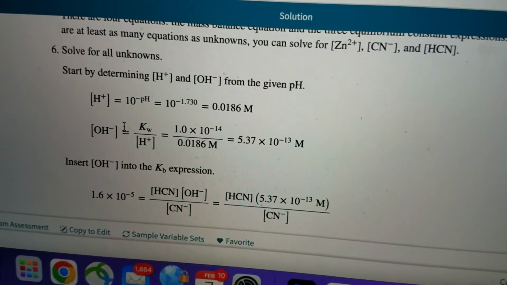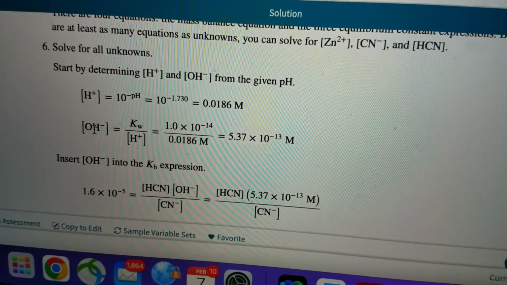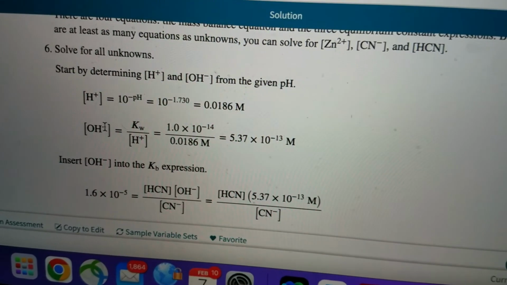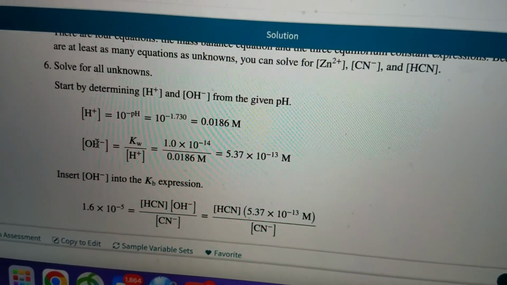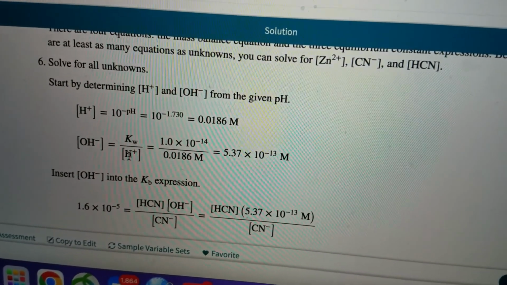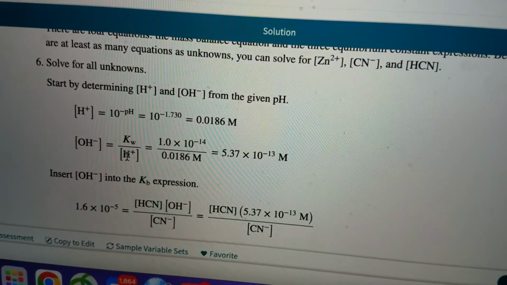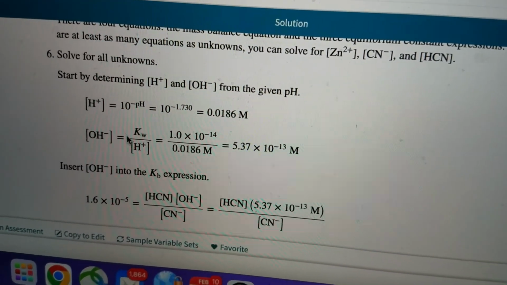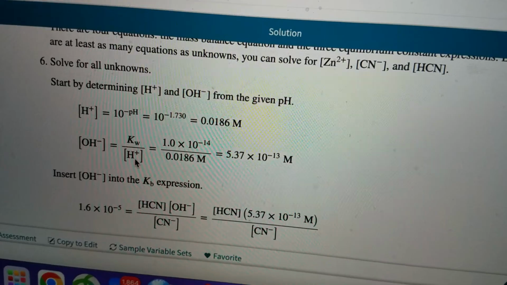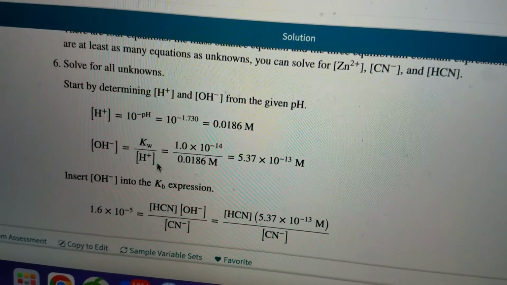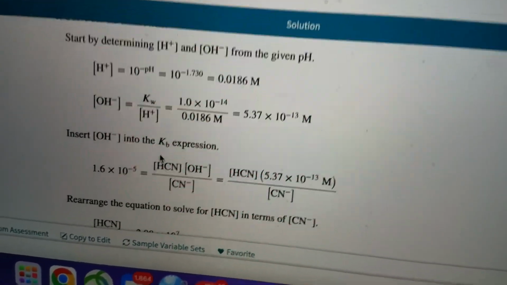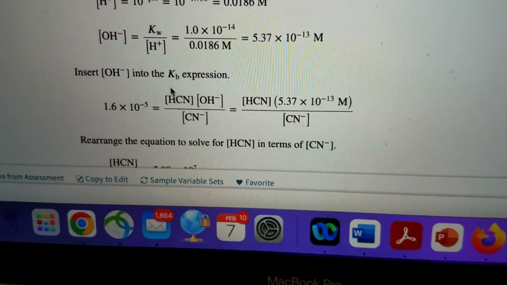Once we know the concentration of H+, we know Kw equals hydroxide times hydrogen concentration, and the hydroxide concentration should be Kw over hydrogen. Then we find out the hydroxide concentration as well.